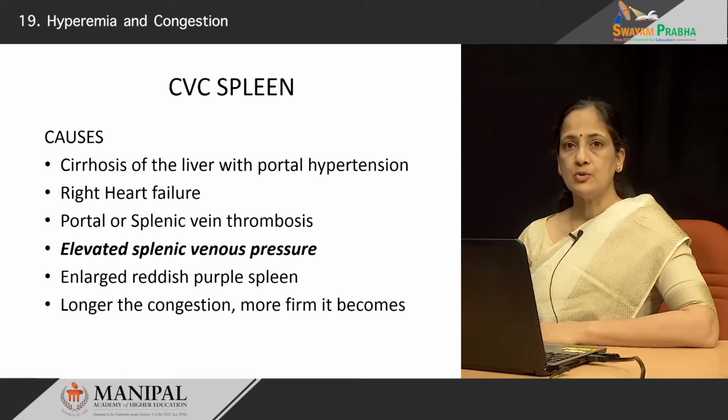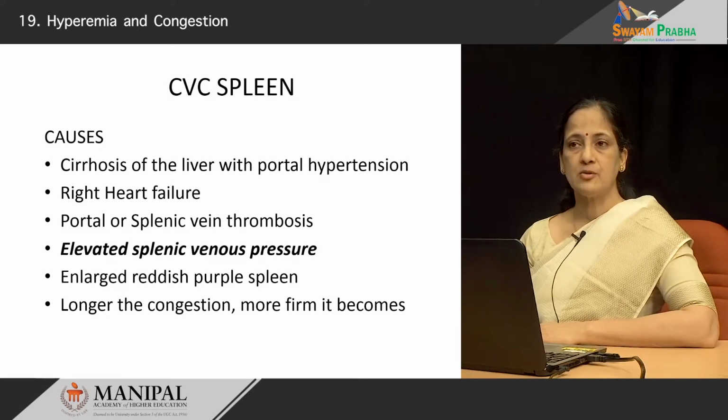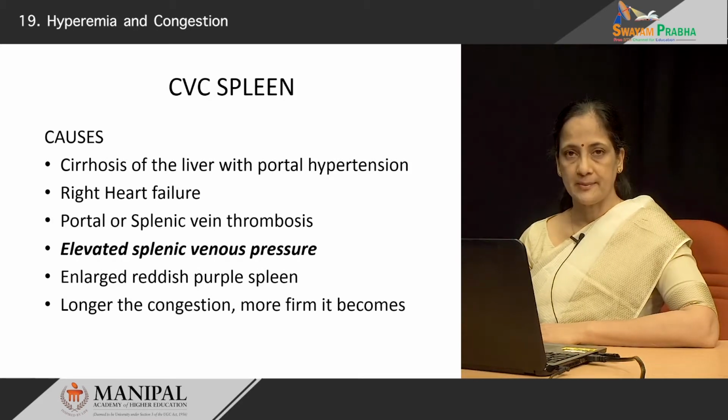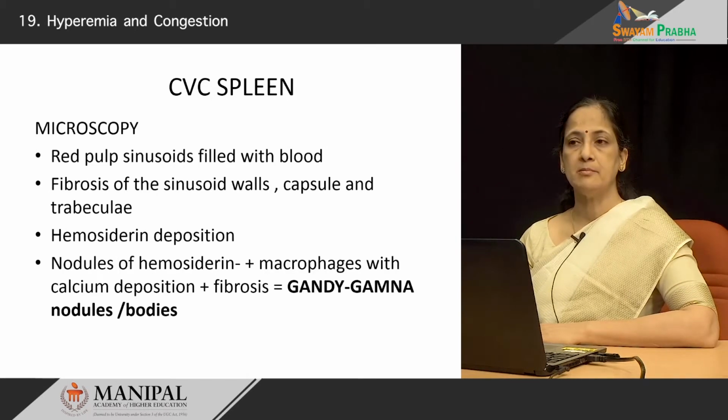Portal venous thrombosis or splenic venous thrombosis also can cause CVC of the spleen. Basically, all these diseases cause elevated splenic venous pressure, which causes an enlarged reddish purple spleen. The longer the congestion, the more firm the spleen becomes in consistency.